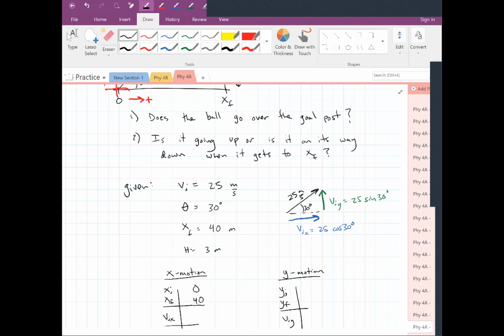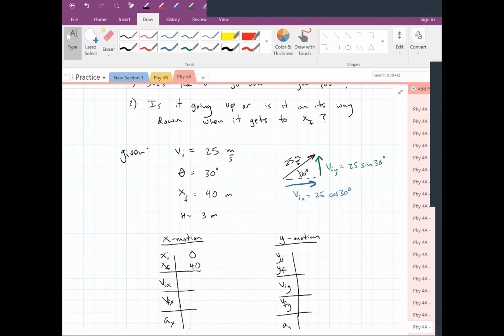So that means this becomes 21.7, I think. Is that right? And this would also be 21.7 because the acceleration in the X direction is 0.